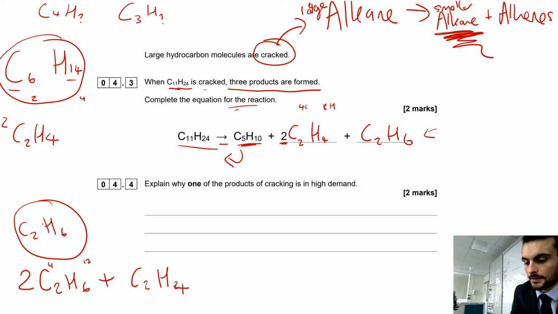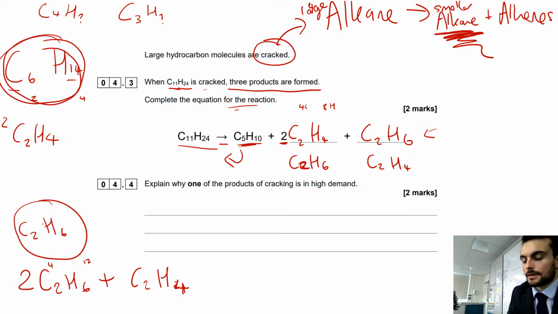Is that a molecule that exists? Yep, that's ethene. So you could actually do it the other way round. It's just a case of trial and error. Just know that it's got to add up to whatever's left over, and then see what combinations of alkenes and alkanes you can use to get to that point.